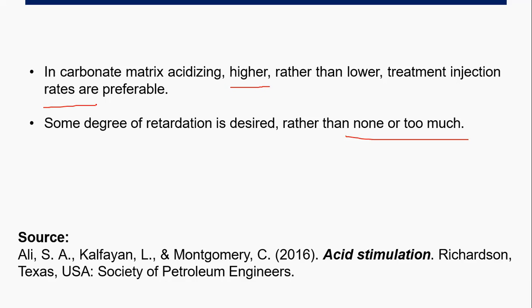Okay, you need to retard the reaction so that it will not result in face dissolution. So if you use a sufficient degree of retardation, you will increase the chance to have a deep, long wormhole for your well, which is good, which will result in high productivity index.